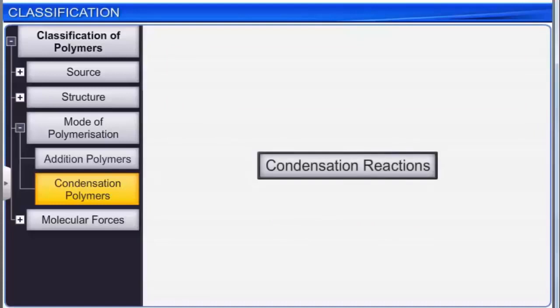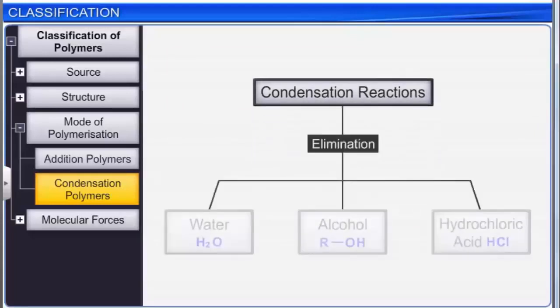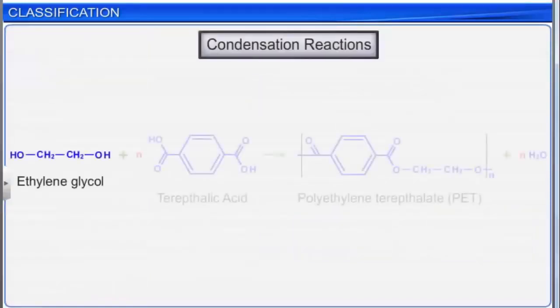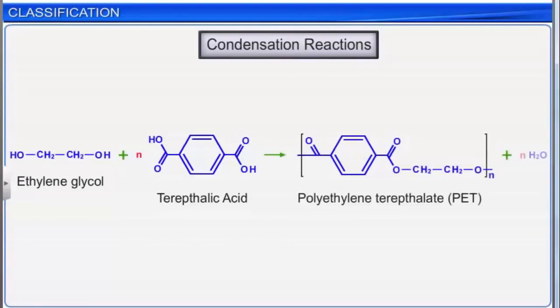The condensation reactions involve the elimination of small molecules such as water, alcohol, or hydrogen chloride. Illustrated here is the condensation reaction between ethylene glycol and terephthalic acid to form polyethylene terephthalate, or PET.